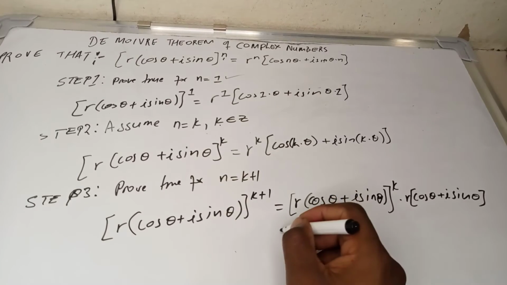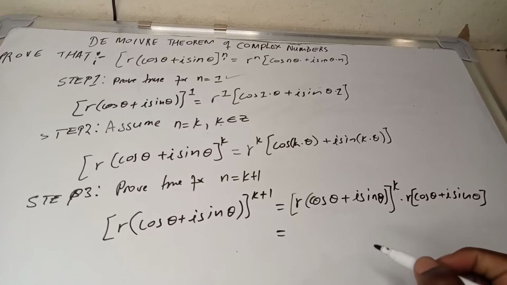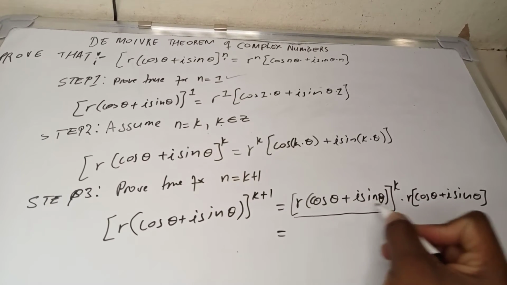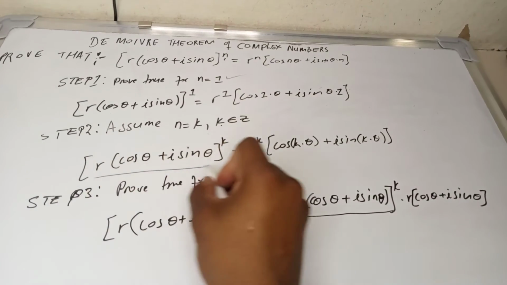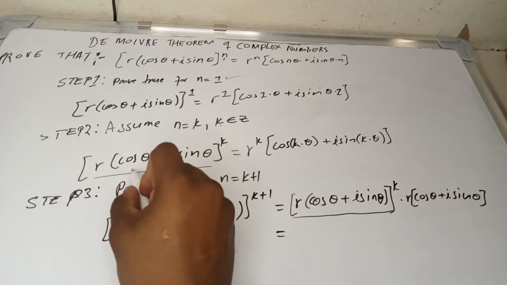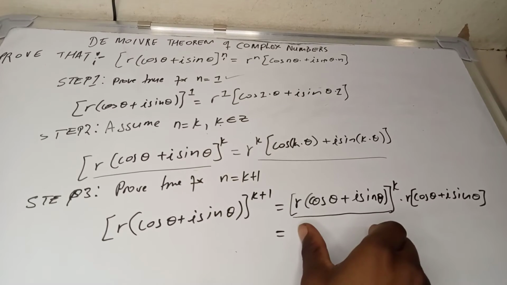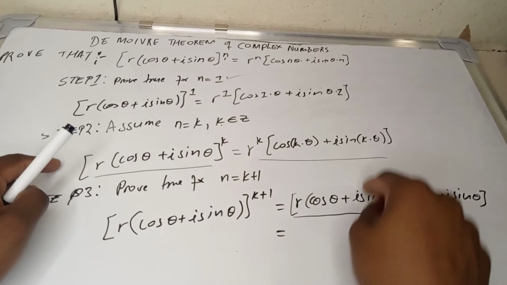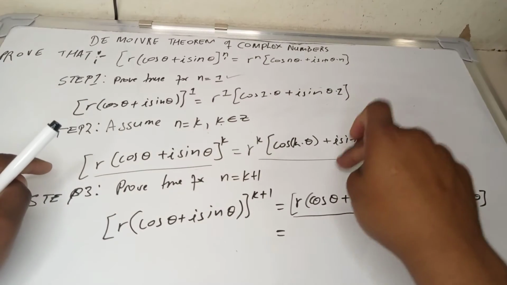Now if we look here, we can notice that this right here is equal to this right here, and this right here is equal to this right here. I'm not sure if you get this. If this is equal to this and this is equal to this, then this is equal to that.